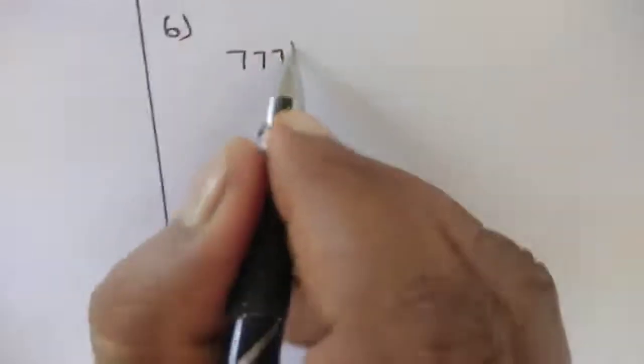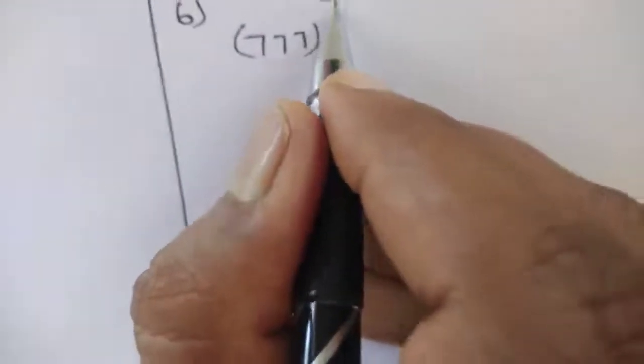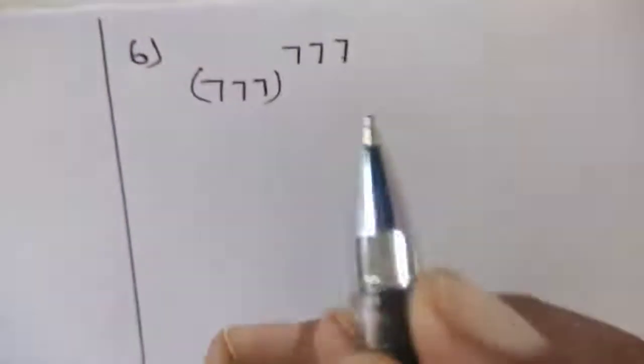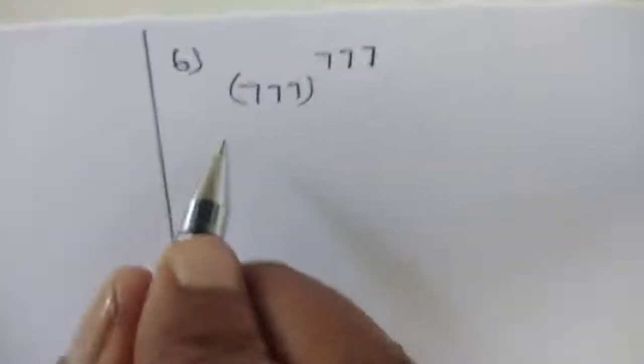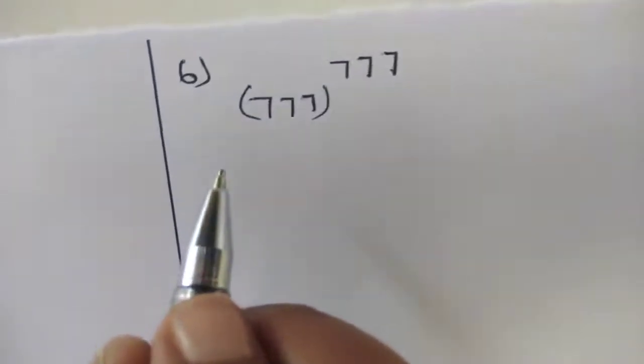A sixth problem. 777 to the power 777. So somewhat difficult.